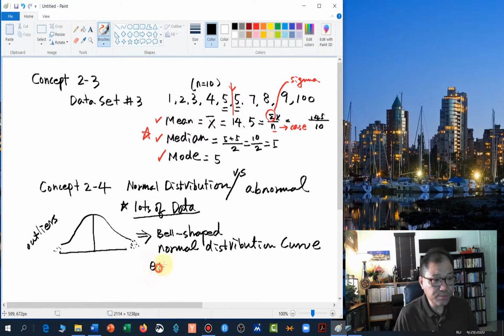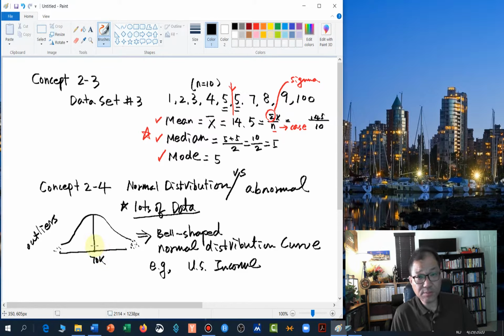For example, we talked about U.S. income. Most people make around 70K. But homeless people, some poor people, they make less than 10K. However, we have super rich people in this society as well. So they make over 100K, or the data can be stretched all the way to the right, $1 million.